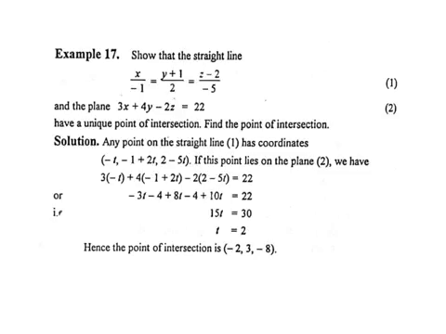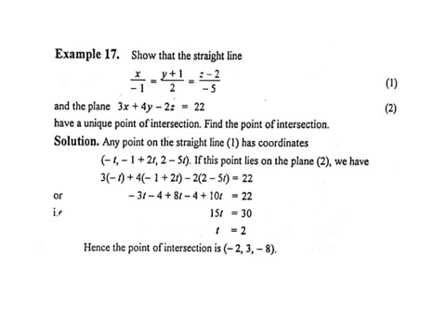If this point lies on the plane 2, it must satisfy equation 2. So substituting these values, replacing x, y and z with minus t, minus 1 plus 2t, 2 minus 5t respectively, we have 3 times minus t plus 4 times minus 1 plus 2t minus 2 times 2 minus 5t equals 22.